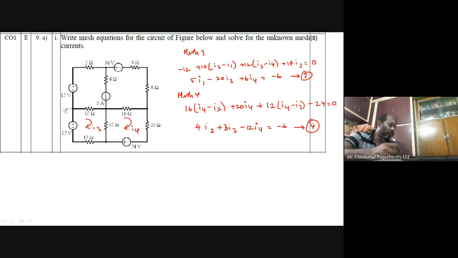So what I will do is use this one relation. What is that relation? I1 minus I2 is equal to 5, which gives me I1 is equal to 5 plus I2.